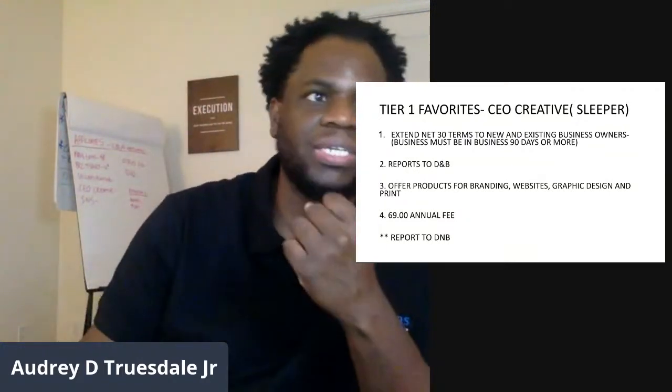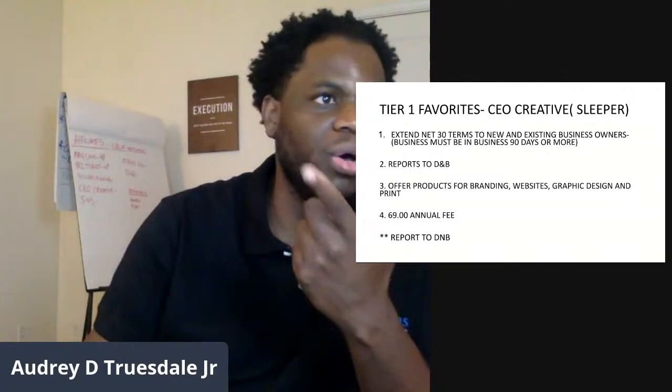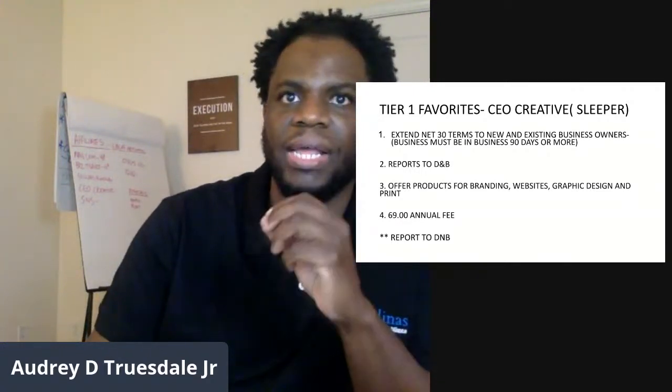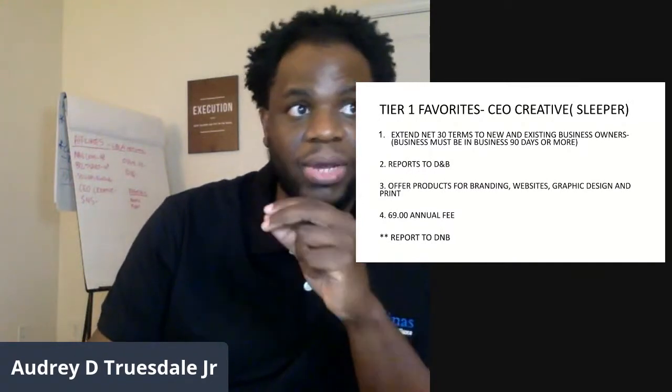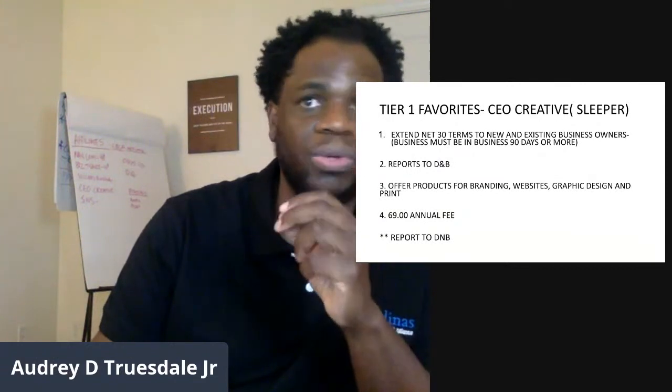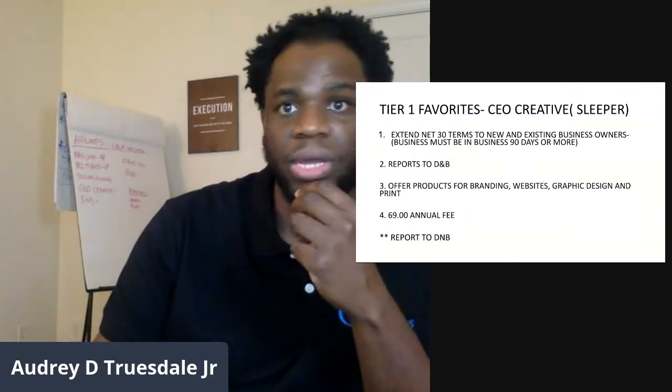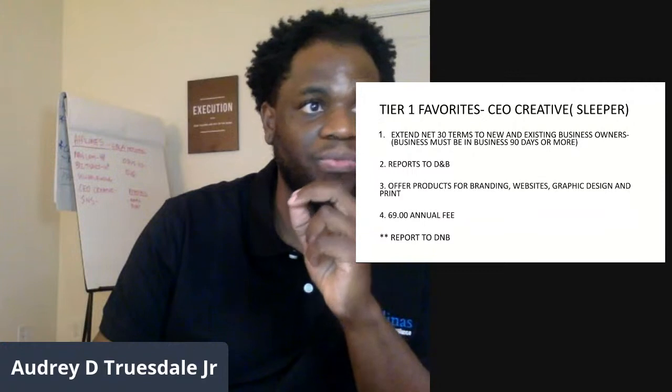Now, one thing with CEO Creative is it's more of a branding site. You can get mugs, you can get logos. They do offer web design, but you need to be in business for at least 90 days. So if you're a brand new business owner, I would come back to CEO Creative in 90 days. I wouldn't try to open a vendor account with them because they will need you to be open for 90 days before they give you a net 30.